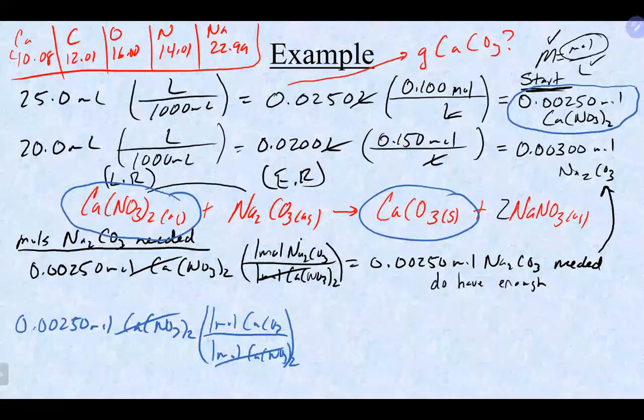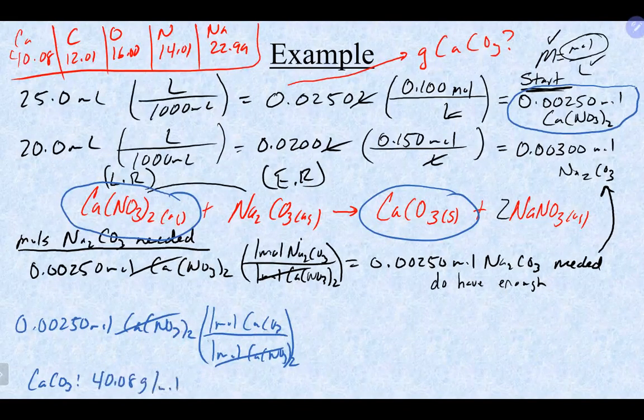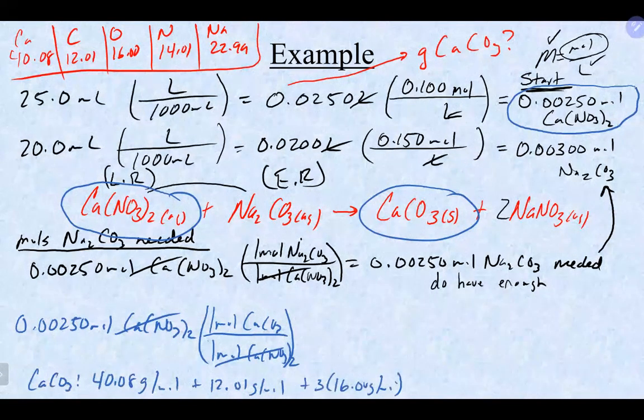So I'm going to calculate the molar mass of calcium carbonate: 40.08 for our calcium, 12.01 for our carbon, plus 3 times 16 for our oxygen, which gets us 100.1 grams per mole.